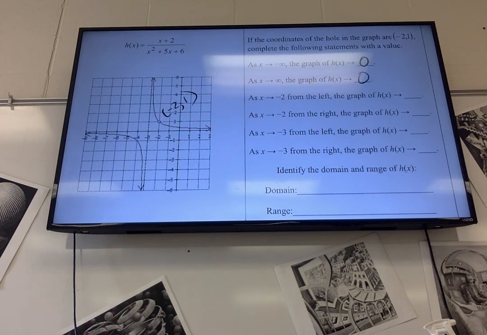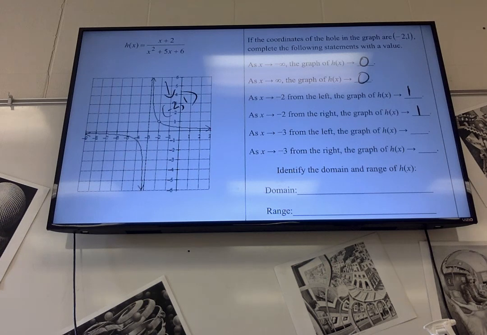The next one, as x approaches -2, so I'm talking about the hole in the graph there, because here's -2. What is it approaching for the y, Justin? 1. Yep. And as x approaches -2 from the right, what is it approaching for the y, Jenna? 1. Yep.